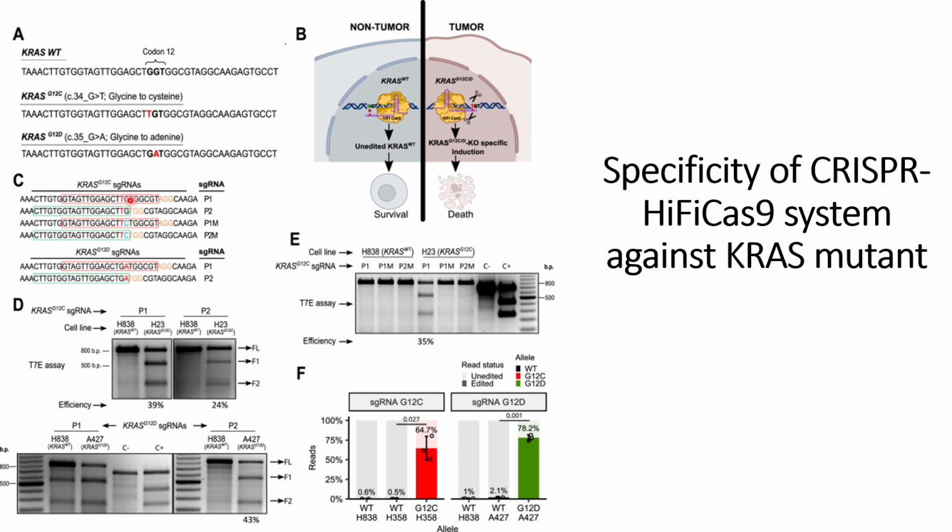And when they checked these two systems in the different cell lines which contain KRAS wild type and KRAS mutant, both KRAS G12C and KRAS G12D, the top row of panel D shows the results for the G12C mutations for P1 and P2.